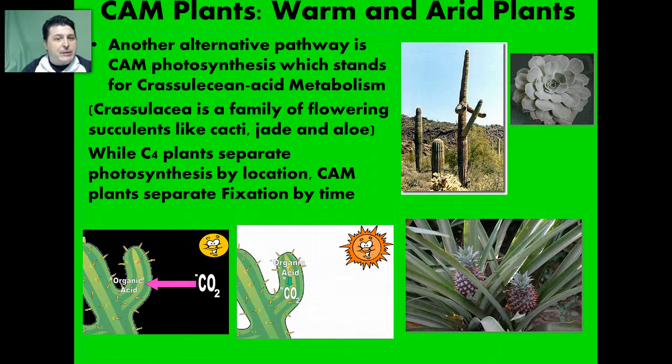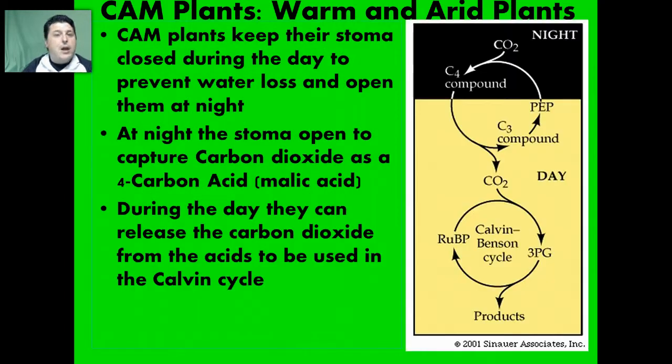While C4 plants separate photosynthesis by location, CAM plants separate fixation by time. Part of the process takes place at night, and part happens during the day. The way CAM photosynthesis works is they keep their stomata closed during the day so that they don't lose any water, and then only open them at night.